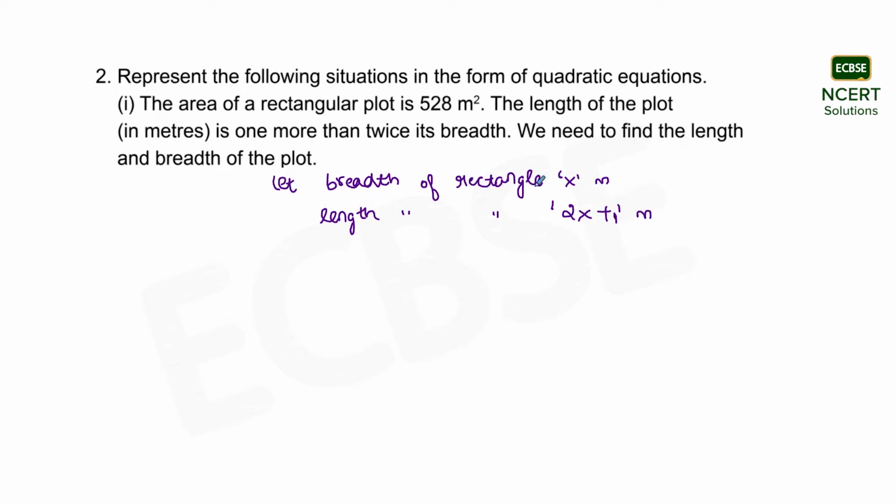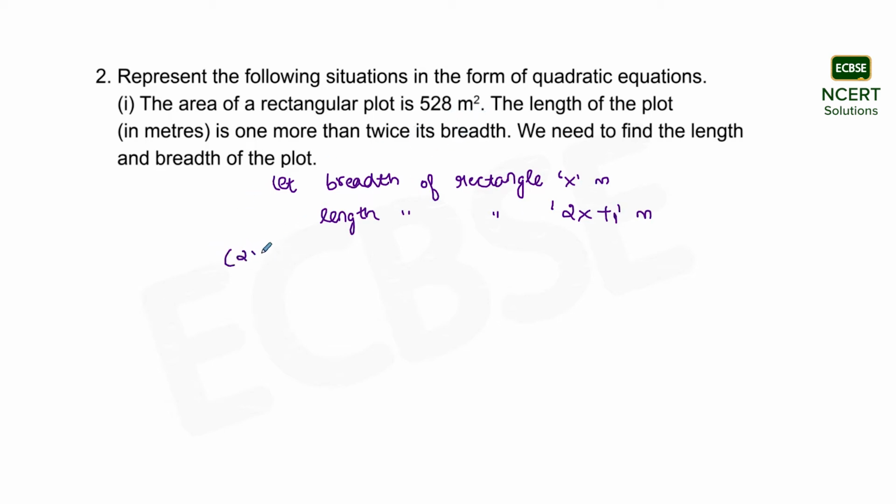Also it's been given that the area of the rectangular plot is 528 meters square. We know that length into breadth is equal to the area of the rectangle. So we will be multiplying x into 2x plus 1, which will be equal to 528 meters square.